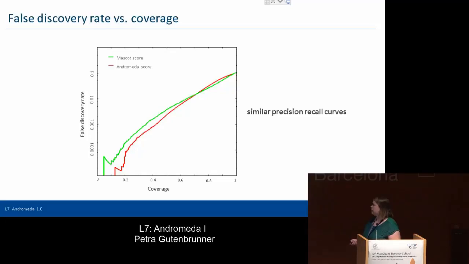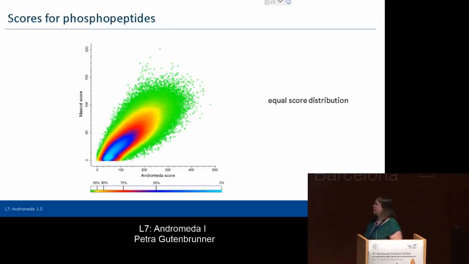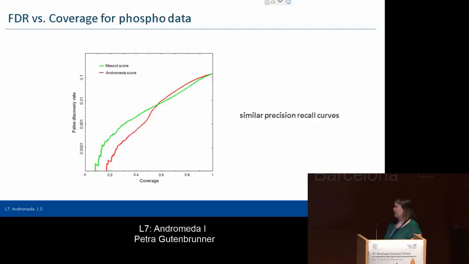We did the same on phosphopeptides, and here it behaves also similar, with no major outliers on the axis. They have similar precision and recall curves, and maybe in the very high specificity region the coverage of Andromeda is slightly better.